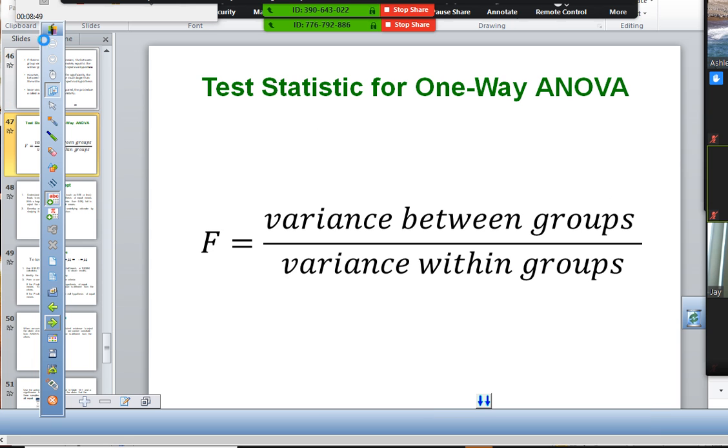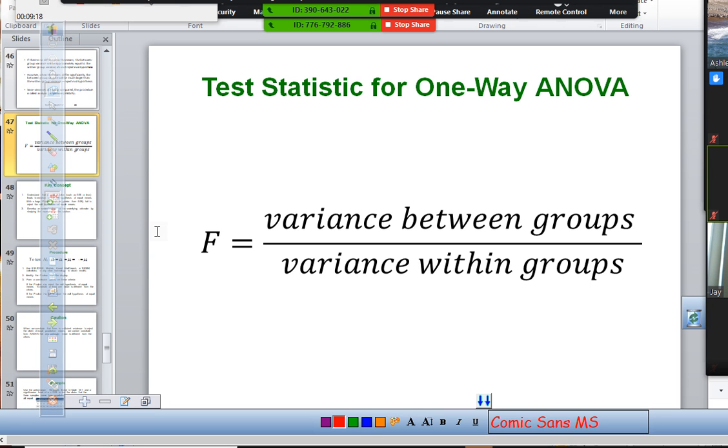Okay, here's our test stat for this, which you do not need to know how to calculate in a sense because it's really complicated. However, you should realize it's the variance between the groups over the variance within the groups. So on the exam, I will give you the between group variance and the within group variance and some other confusing stuff like alpha, n, or n1, n2, n3.